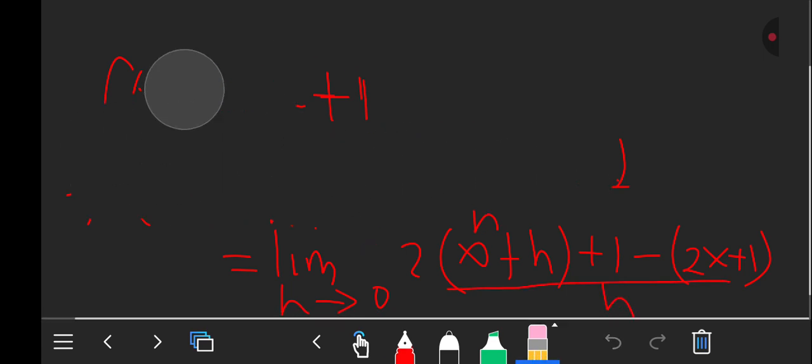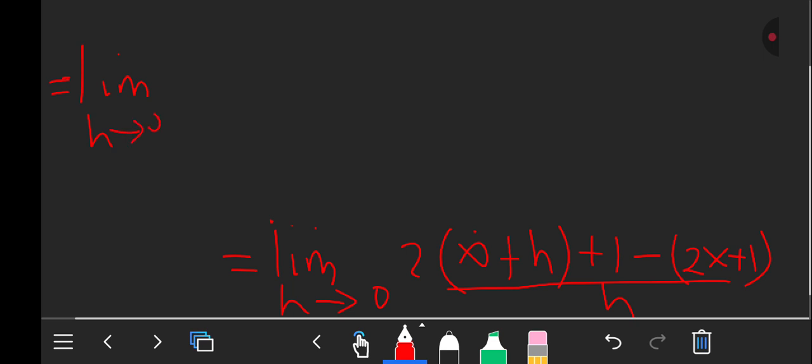So let's now find the derivative. So this will be equal to limit as h approaches 0, then 2 multiplied by x is 2x, plus 2 multiplied by h is 2h, then plus 1, then this will be equal to negative 2x minus 1, over h.